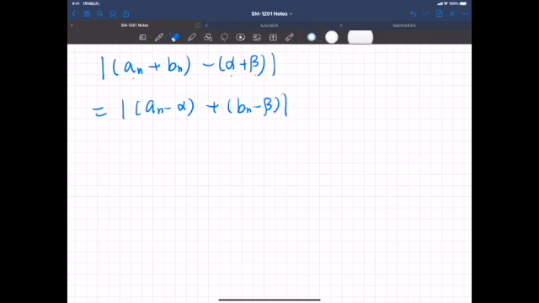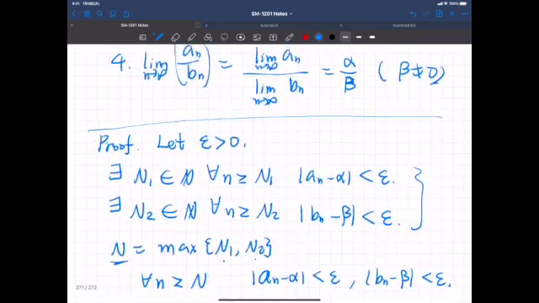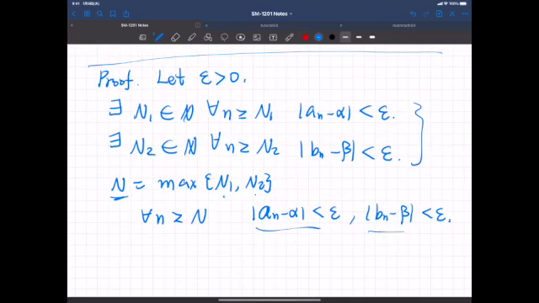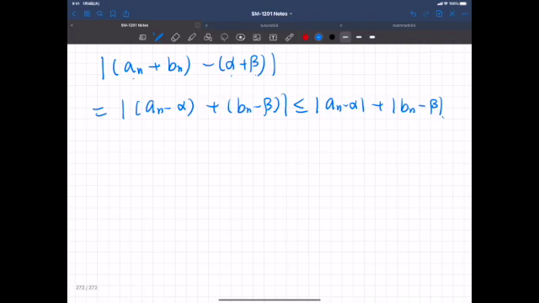By the triangle inequality, this is less than or equal to |an minus alpha| plus |bn minus beta|. By the given condition, each of these is less than epsilon. So in total, it is less than 2 epsilon.